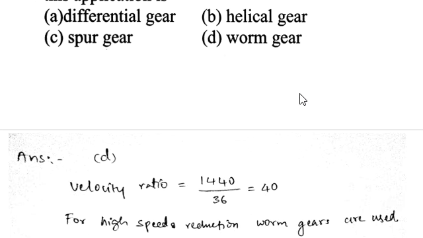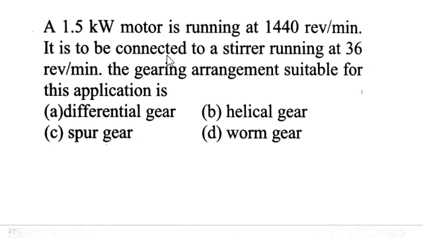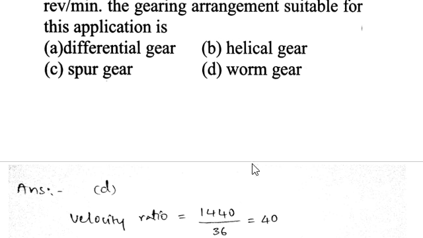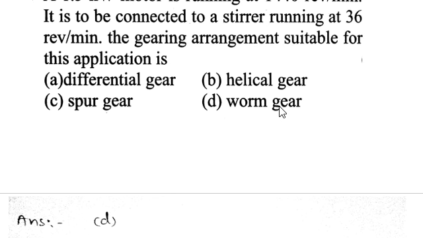If you observe the velocity ratio here, you can write it as 1440 by 36, the speed of driver by speed of driven. We get a velocity ratio of 40. So 40 is a high speed reduction. When the speed reduction is more than 20, that is considered a high speed reduction, and for such high speed reductions, the only suitable gear drive is the worm gear drive. So here, option D, worm gear, is the right option.